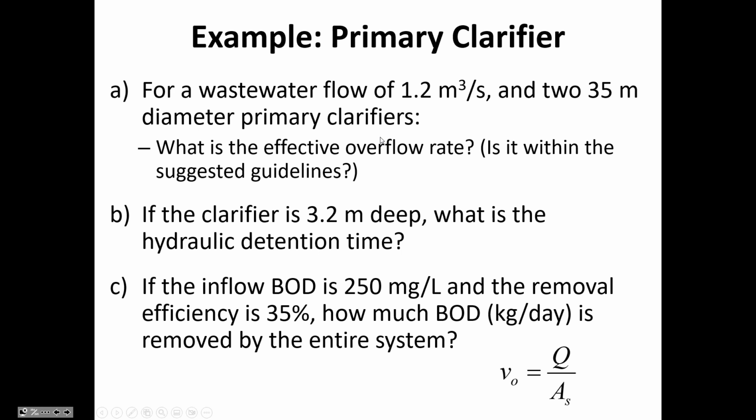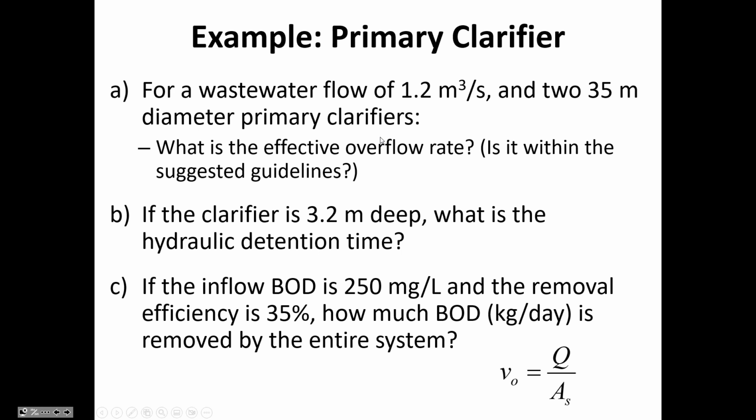Okay. Now in part B, the hydraulic detention time, we're going to need to calculate the volume of these clarifiers, and they're cylindrical. So we've got a circular cross-section and some certain distance of a depth that's defined.